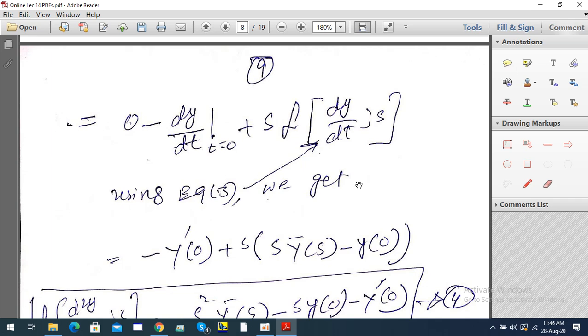Laplace of dy by dt is actually equal to plus s y bar is minus y0.